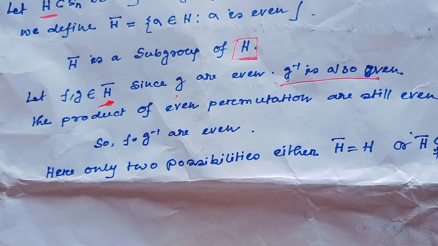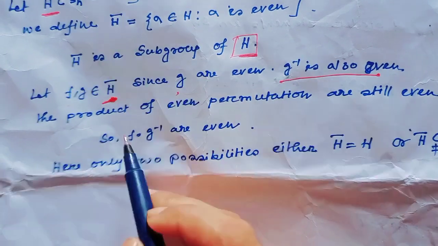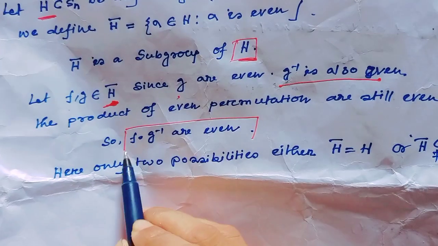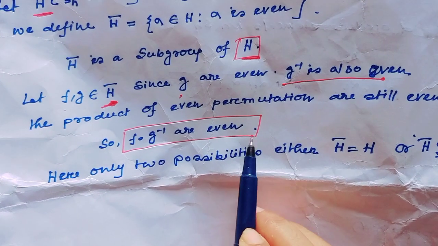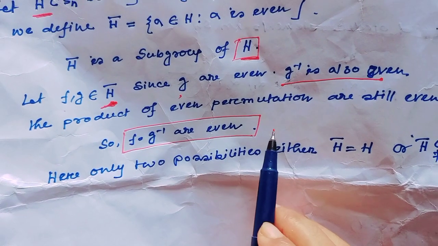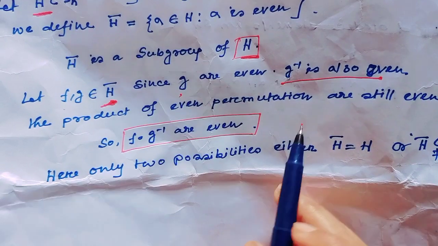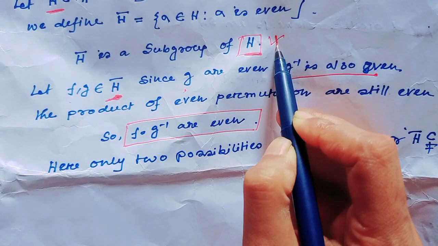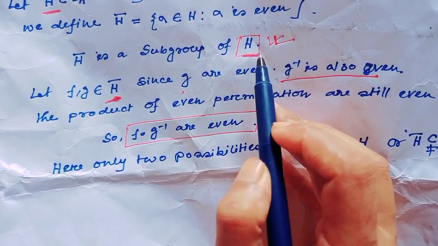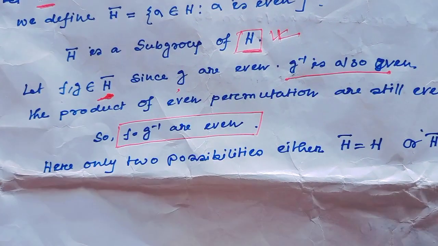So f composition g inverse is an even permutation, and since f composition g inverse is always even, obviously H bar is a subgroup of the group H, where H is the subgroup of S_n.